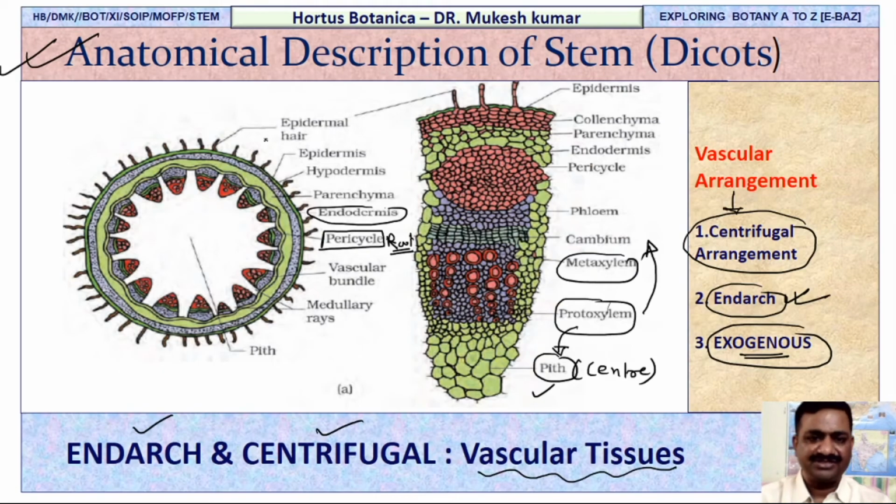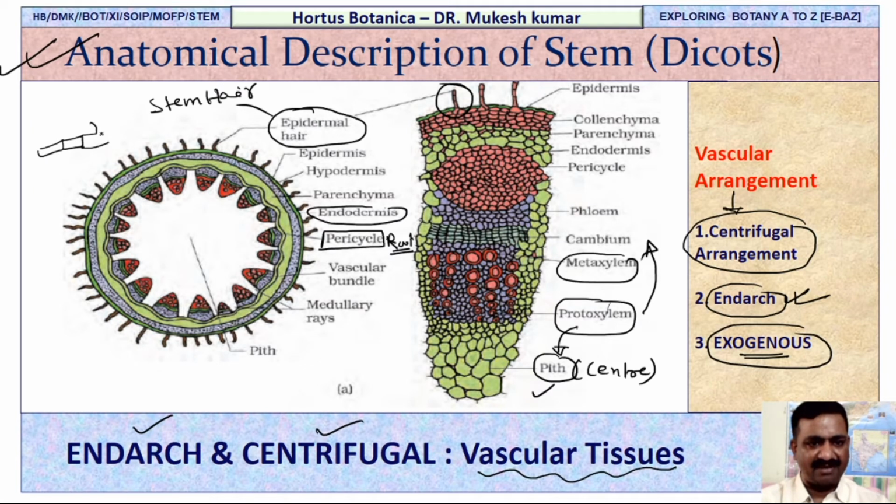Have a look. See, these are the epidermal hairs, and they are called stem hairs. This is the structure. If you have this various structure, this is called epiblema, and this structure is the stem hairs, more than one cell is there, a multicellular structure.